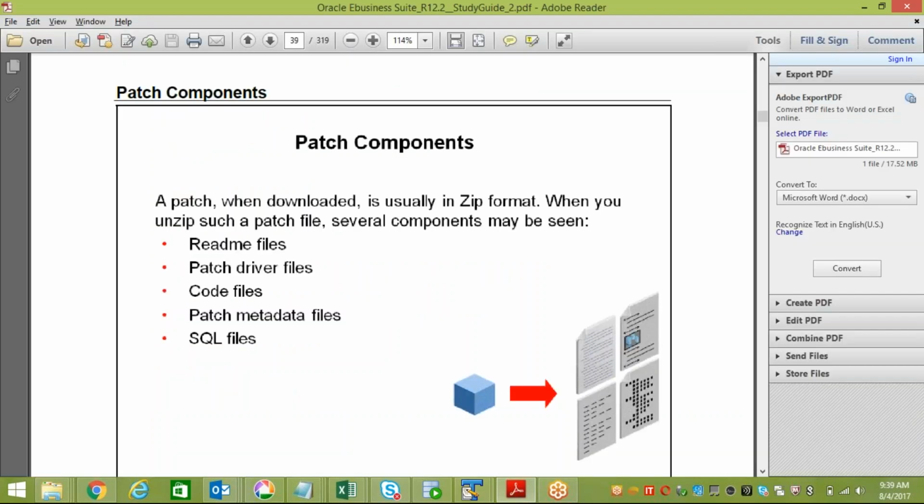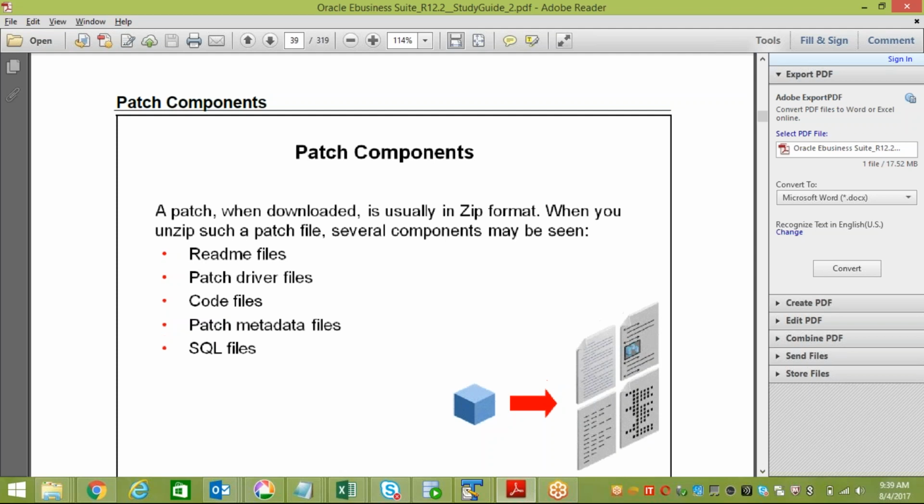When you unzip the file, you will see the readme.txt, patch driver file, code files, patch metadata file and SQL files. Every patch contains readme.txt and readme.html, two files. Both file contents are the same, just in a different format.